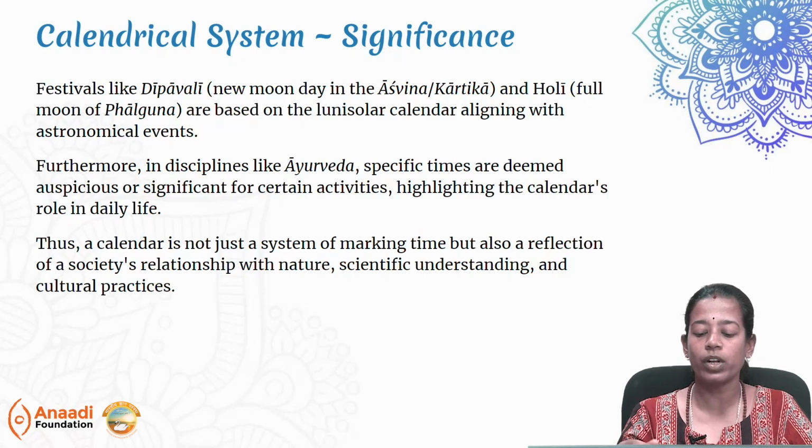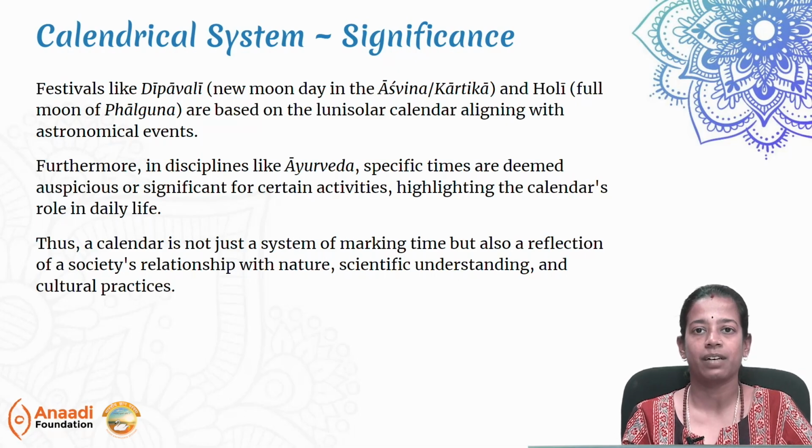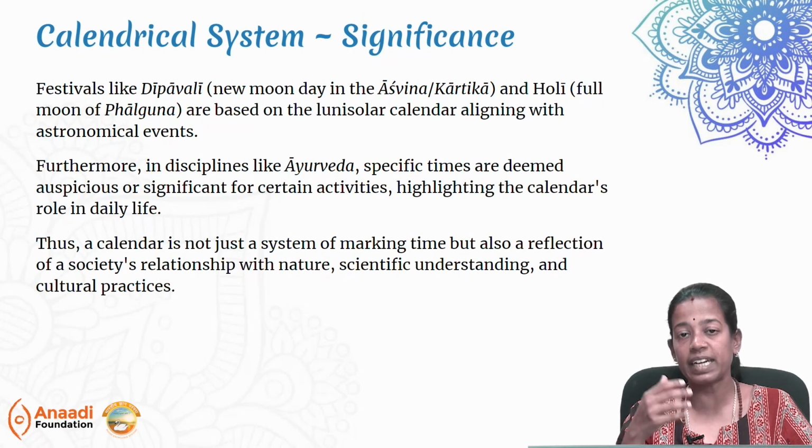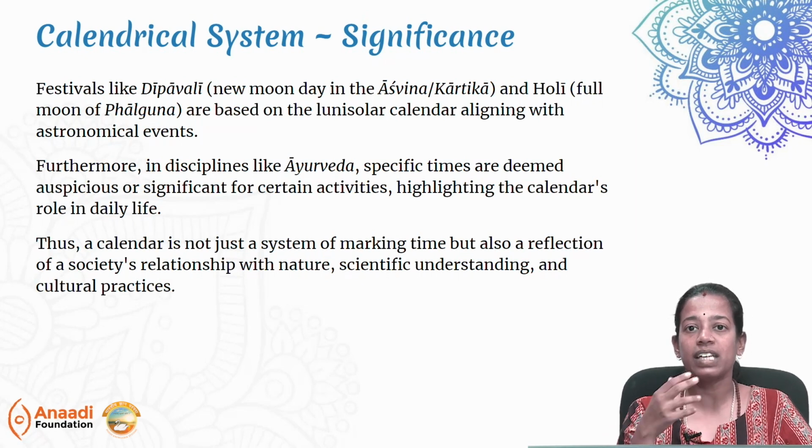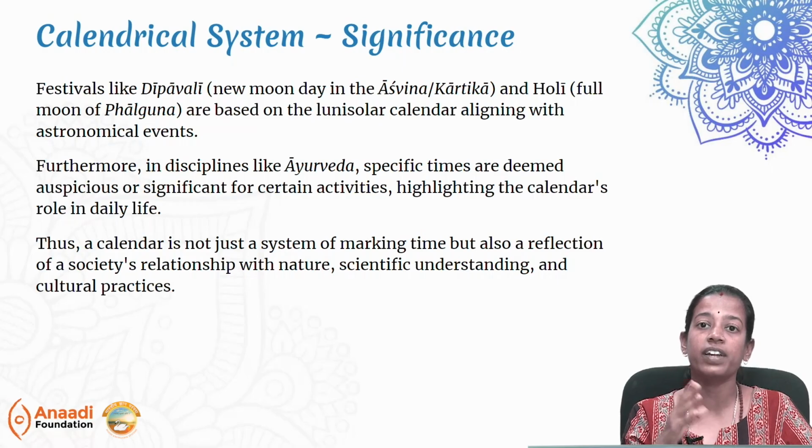With respect to Holi, it is celebrated on the full moon of Falguna Masa. All these masas are very specific to the Indian calendrical system. That is why these functions fall on different dates in the Gregorian calendar that we very commonly follow these days.